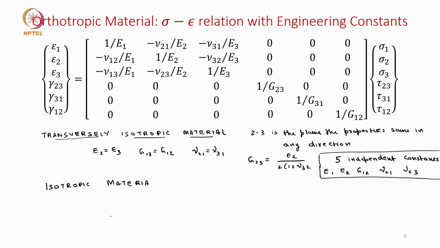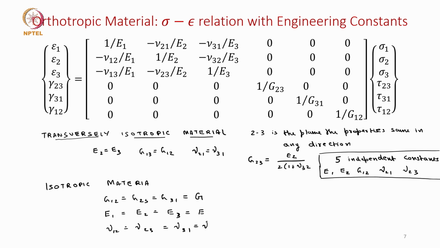Then we can definitely show that all 3 shear moduli, G12, G23 and G31, can be replaced with a single shear modulus G, and similarly the 3 elastic moduli E1, E2 and E3 can be written simply as E. The same applies to the Poisson ratios nu 12, nu 23 and nu 31.